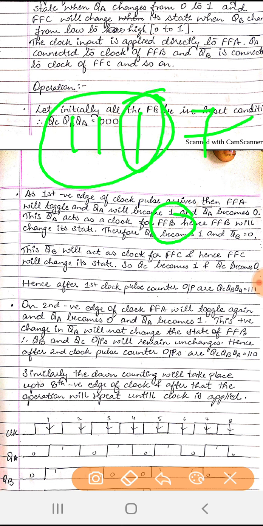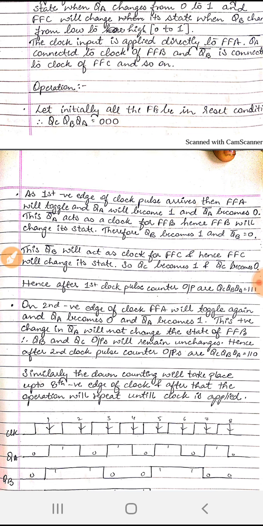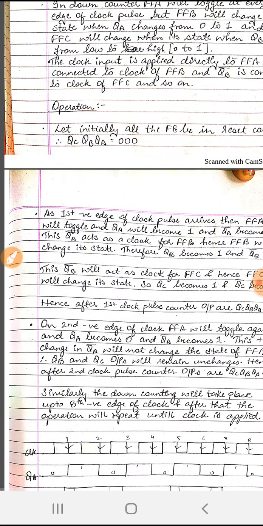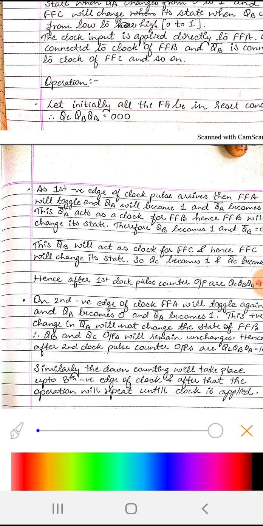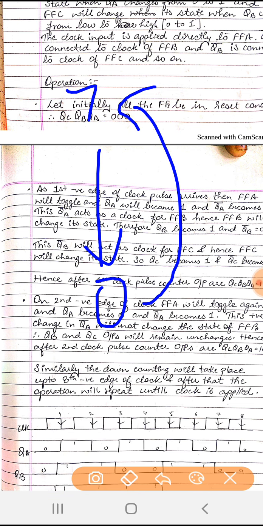This output, that is QA, QB, QC, so 1 1, this one becomes 0 at the next negative edge. Then this becomes 0, so it would be 1 0 1, that is 5. 7 to 6, 6 to 5, and it will go on from 7 to 0, and then if we provide another negative edge, then it would become 7 again. So this is how the down counter works.